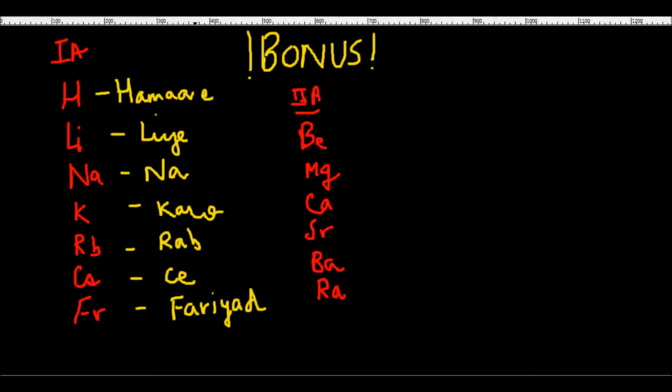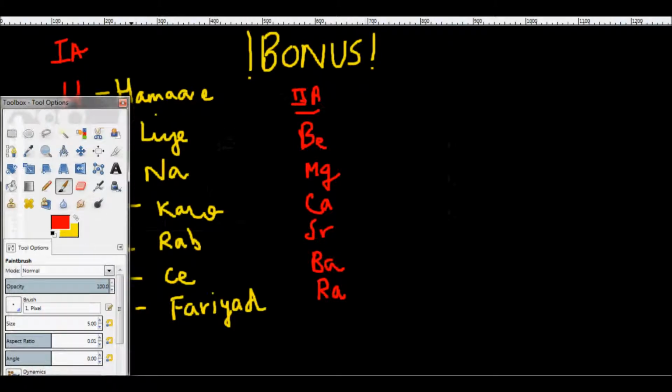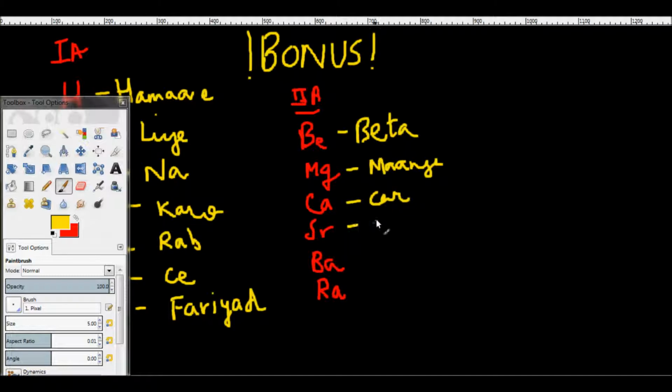So how I remember this one is, where are my colors? Right, so this is beta, mange, car, scooter. Yeah, I know, that's funny. You can laugh, you have all the liberty in the world to laugh.